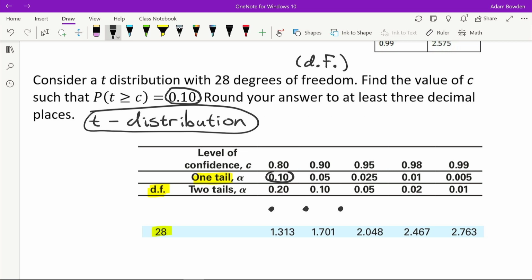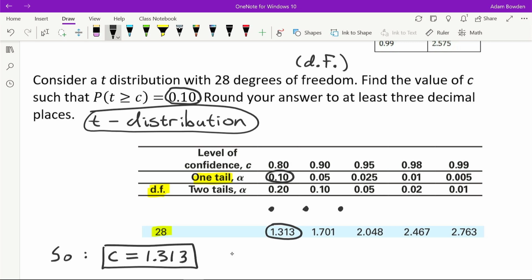So if we look that up here for 0.10, we get the value of 1.313. So our answer here is that the value of C is equal to 1.313. So what we can say is that the probability that T would be greater than or equal to 1.313 is equal to 0.10.